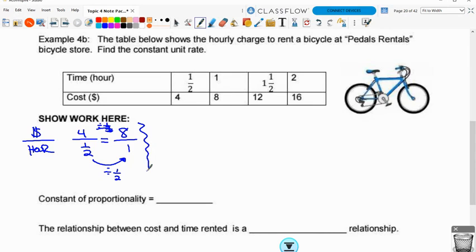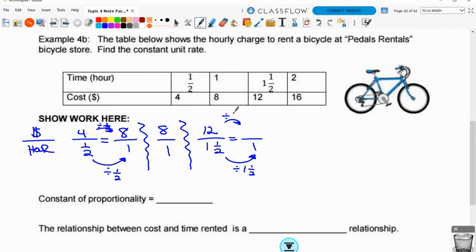The next set of data says that it costs $8 for 1 hour. This is already a unit rate because the denominator is a 1. I don't have to simplify, so I can move on to the next set of data. It was $12 for 1.5 hours of renting the bike. Get your unit rate this time by dividing by 1.5.